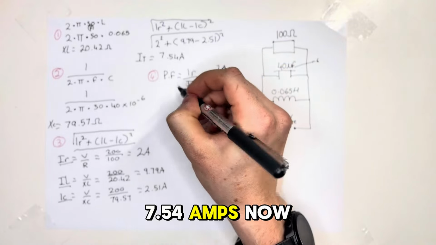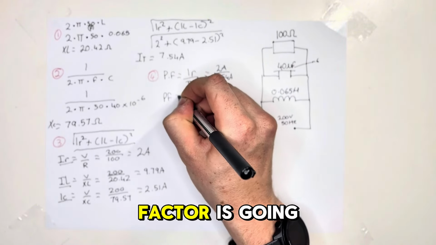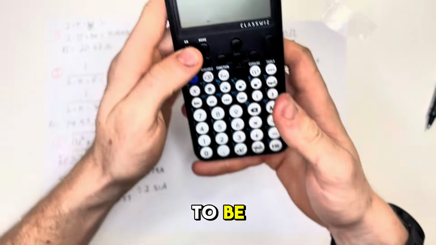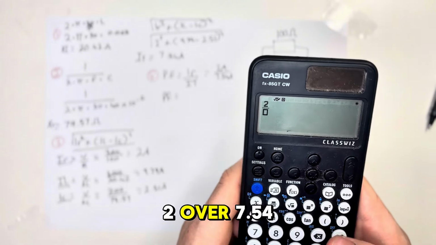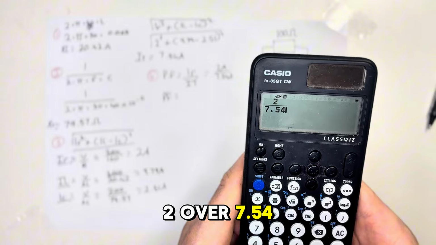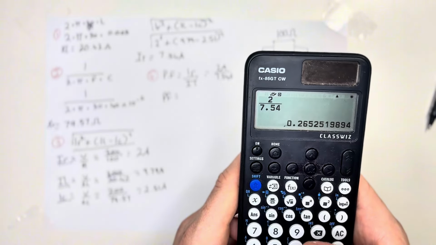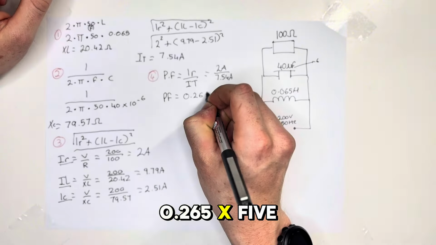The power factor is going to be 2 over 7.54, which is 0.265.